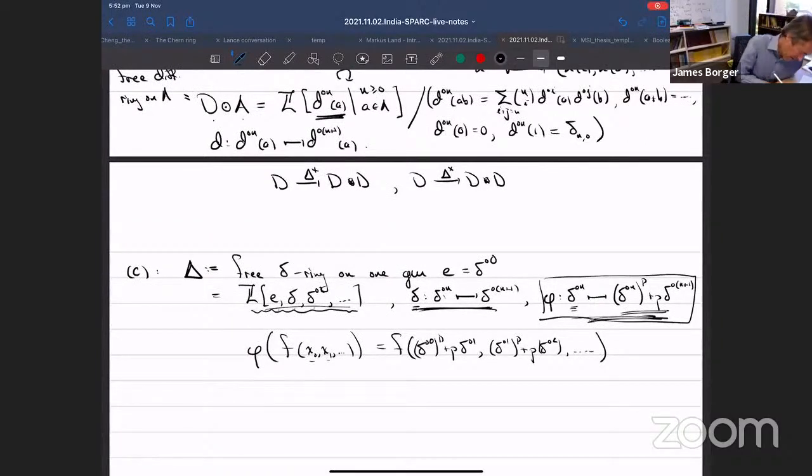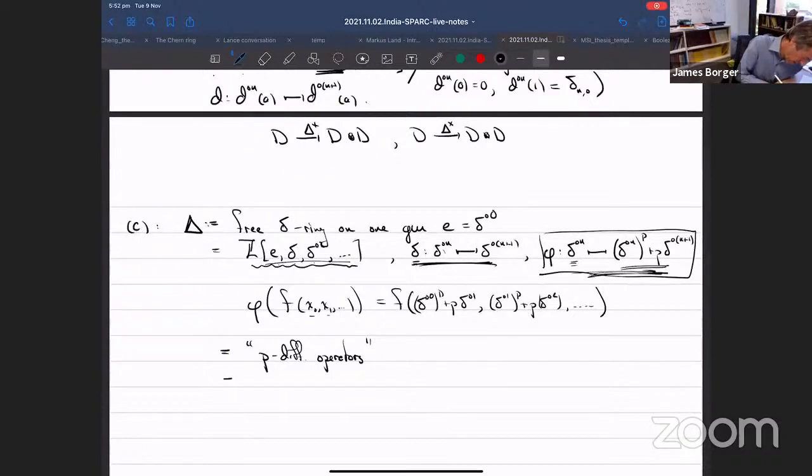Right. So this I would like to call the ring of nonlinear p-differential operators. Again, you can add, subtract, multiply, and also compose them.